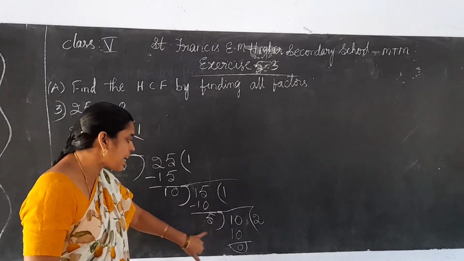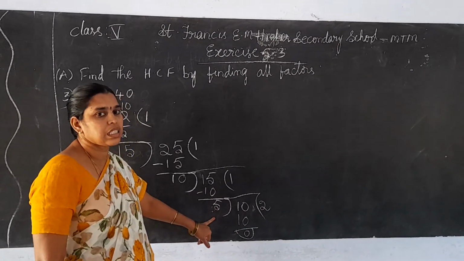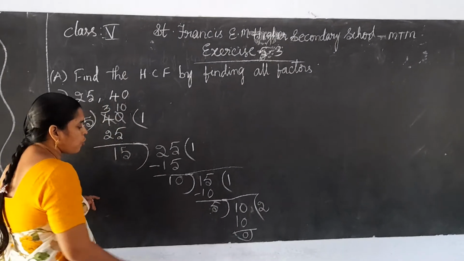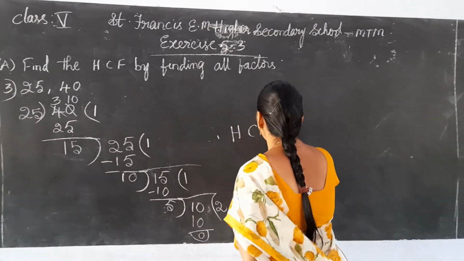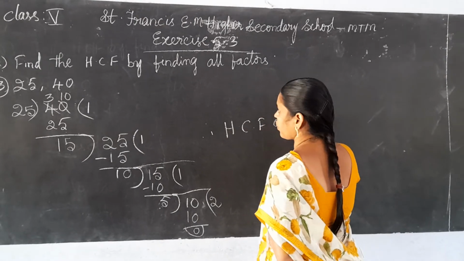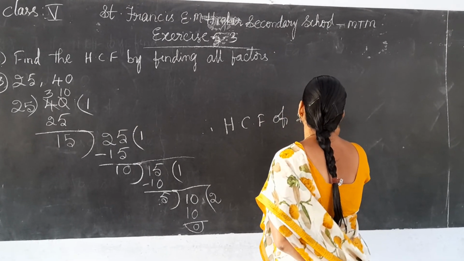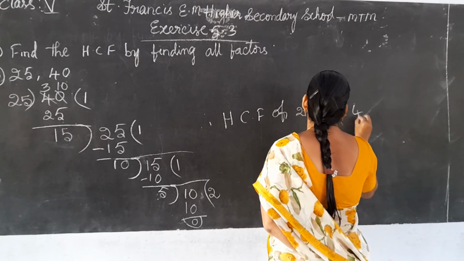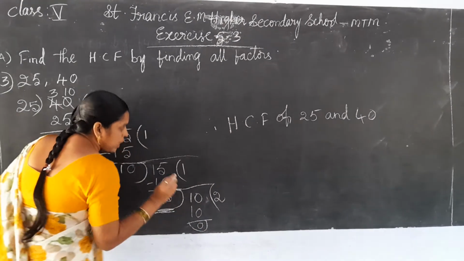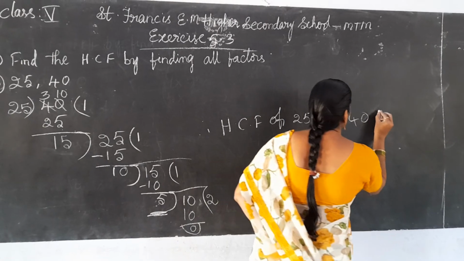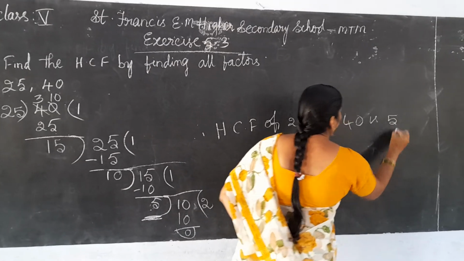And here, whatever the divisor is, that is the HCF. Okay. Therefore, the HCF of 25 and 40 is 5.